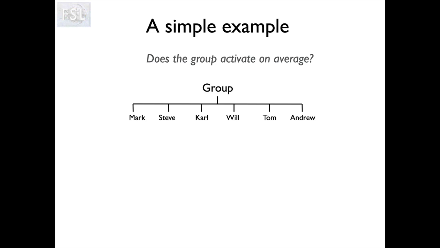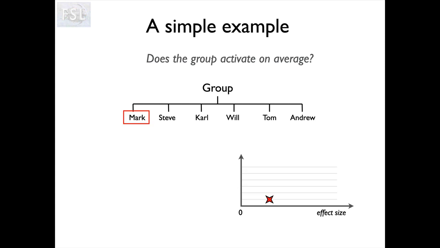Let's, however, start more simply. So let's consider one group where we've got a set of different subjects and each of them has a single session. That is, they've been in the scanner once and they've had one particular run of FMRI. If we do analysis of that single session for that particular subject, so the first subject happens to be Mark in this case, then we can look at a particular location in the brain, what is the effect size?